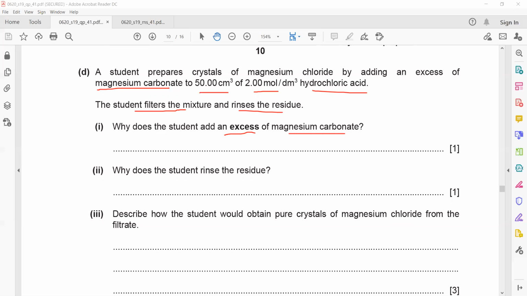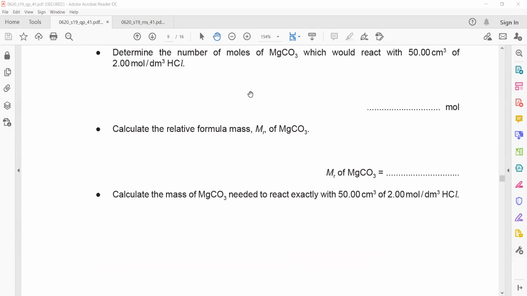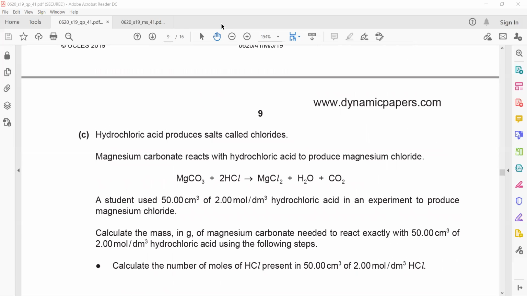When excess is there, it's not about the faster reaction. So what is his purpose? He wants all of the hydrochloric acid to react, because here we have two reactants, magnesium carbonate and hydrochloric acid.